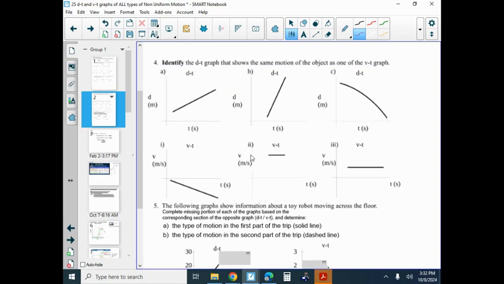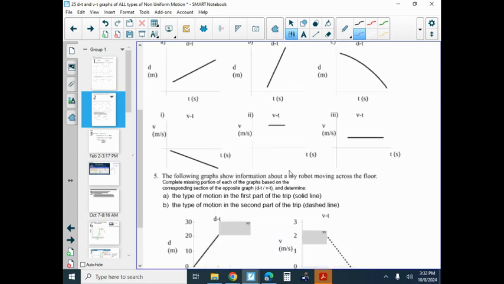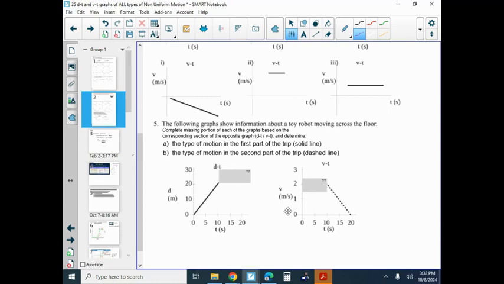This one at the end, again, just identifying motions. This one at the end, there's a missing portion here that you can tell based on this section, from the 10 to 20 second mark. And there's a missing portion here that you can tell what it should look like based on the first section. So that's your first part, is complete the missing portions based on the other graph. And then describe the type of motion, right?